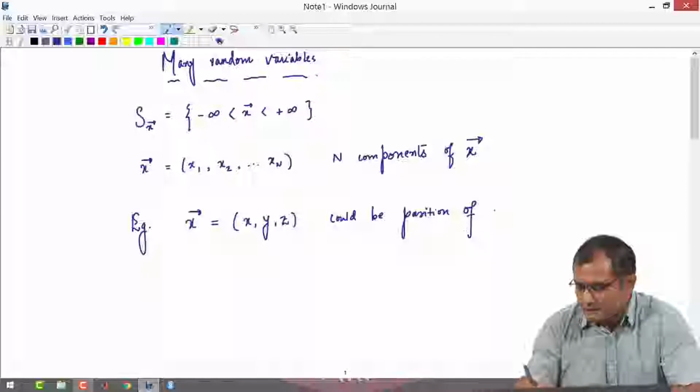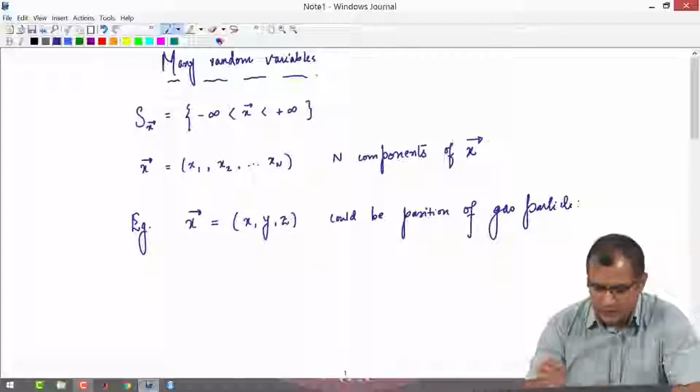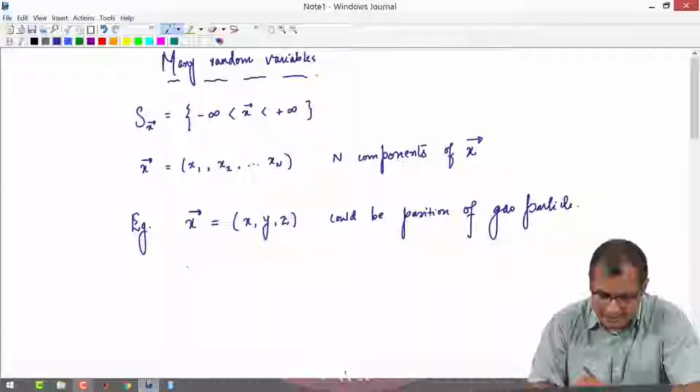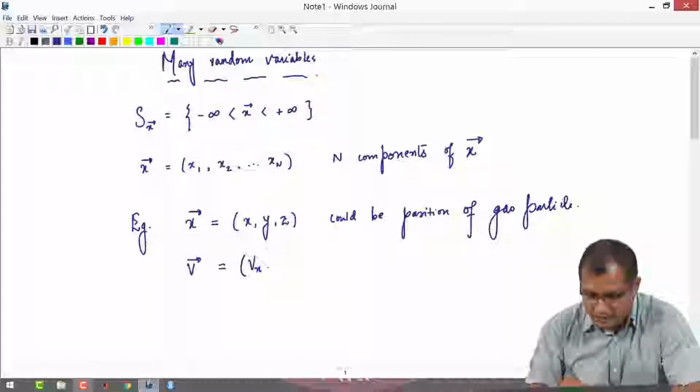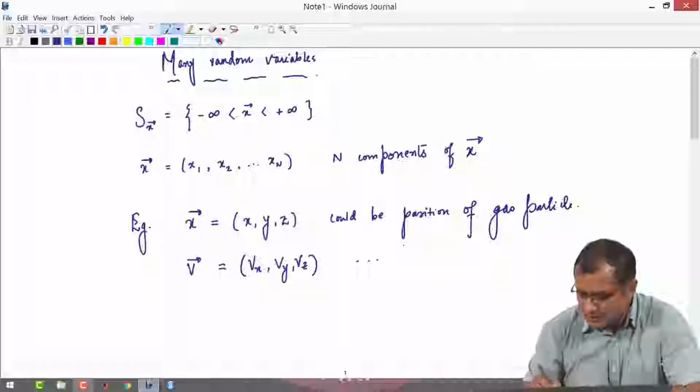You could take x as velocity. In that case, you would have three components for the velocity for the gas particles in this room. So this could be velocity.